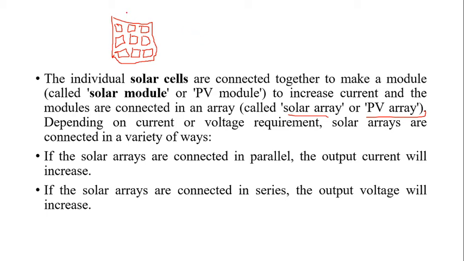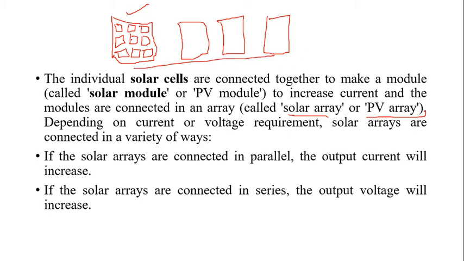This is a single module in which different solar cells are connected, and if we connect these different modules in a series-parallel combination, we call the complete solar panel an array.